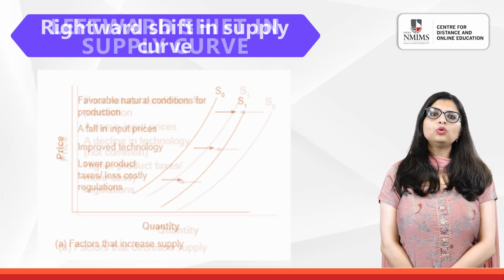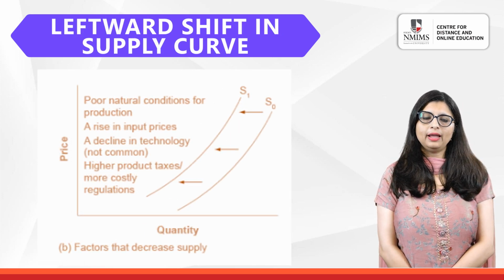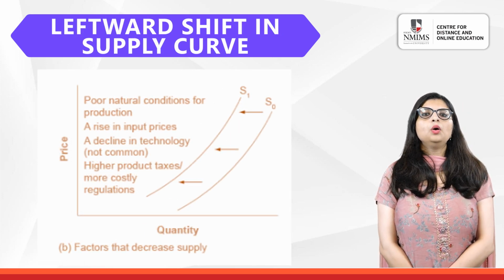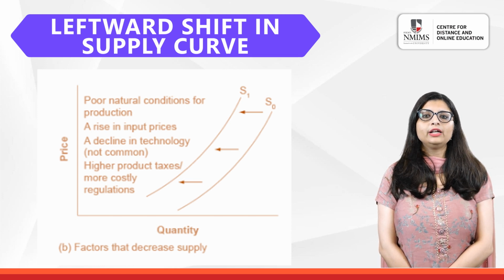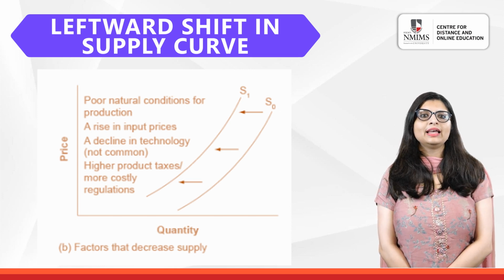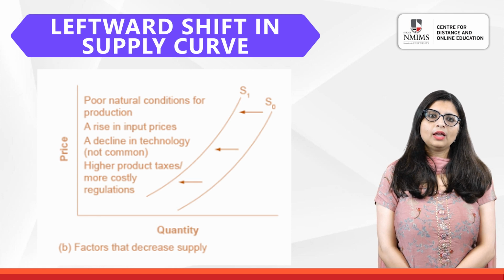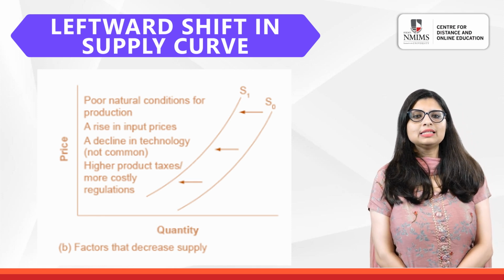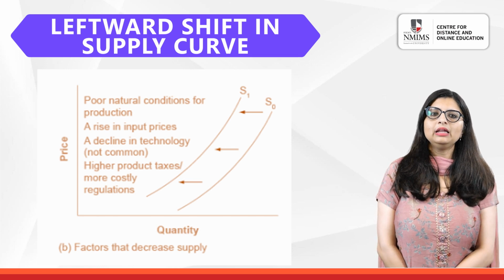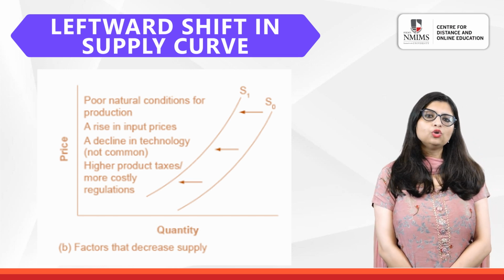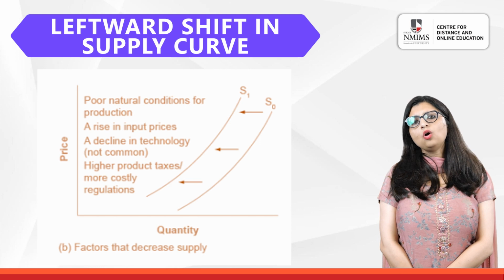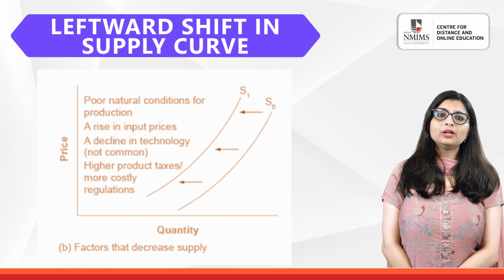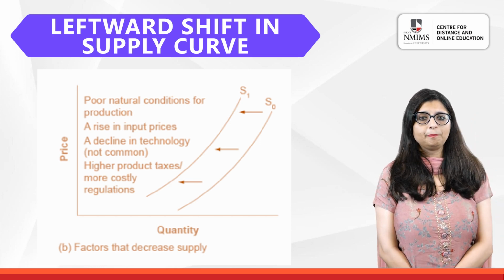When we are talking about a leftward shift in the supply curve, it occurs when the quantity of the supplied commodity decreases at the same price. Now let's say at price 10 the quantity supplied was 20 and then it came down to 10 units. What could be the reason for this leftward shift here?